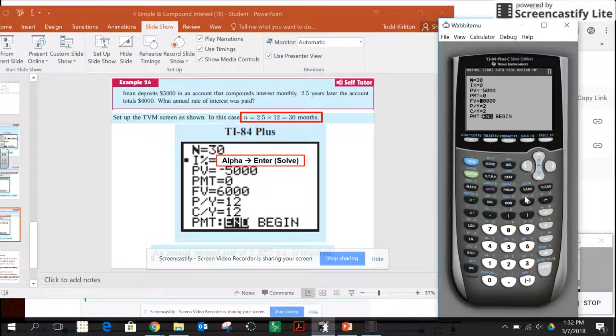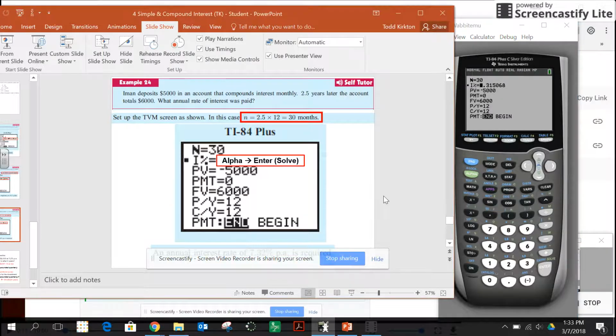No payments. I want to end up with 6,000. And I'm putting in 12 for each. So I'm solving for the interest rate. What interest rate do I need to get? So there's my interest rate. Double check to make sure all your numbers are right.